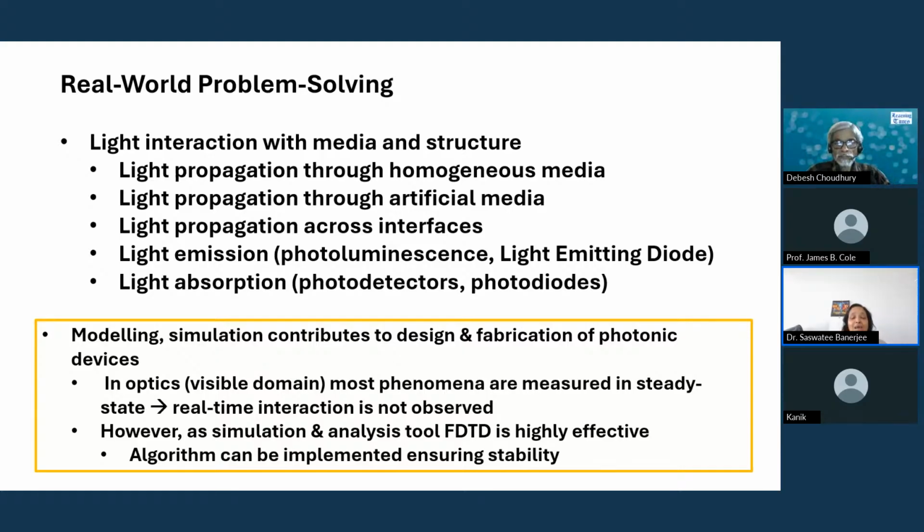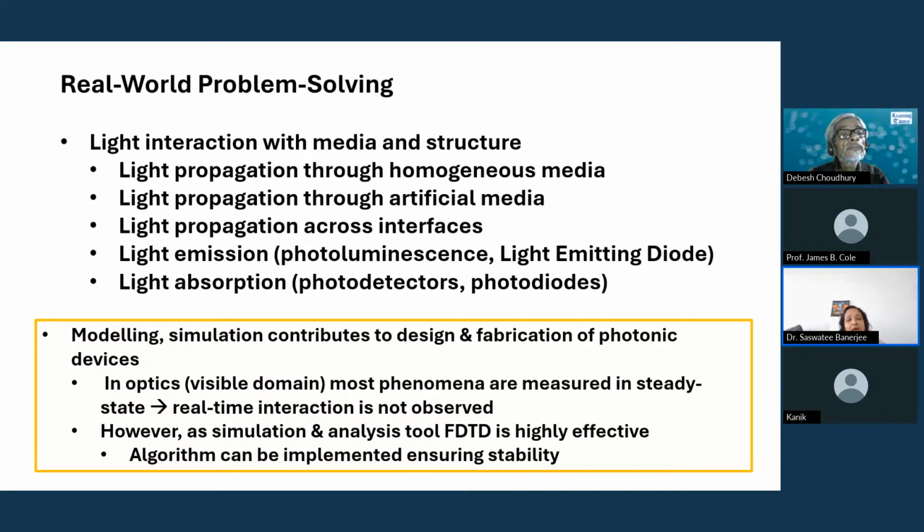Then with nanophotonics, you can design artificial media. That is, you can have nanoscale or microscale modulation of the media, which gives rise to artificial media. You can do light propagation in artificial media, and then the characteristics will be different. We can talk about it; there are a lot of things there.